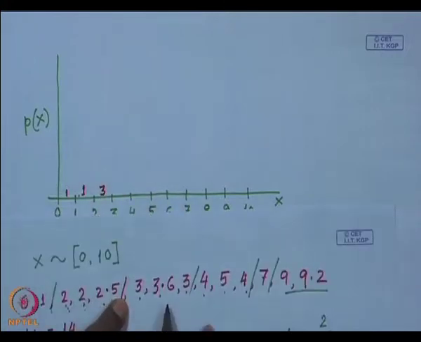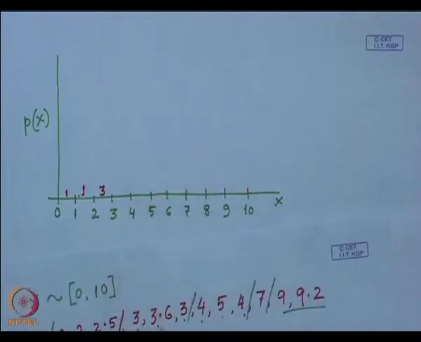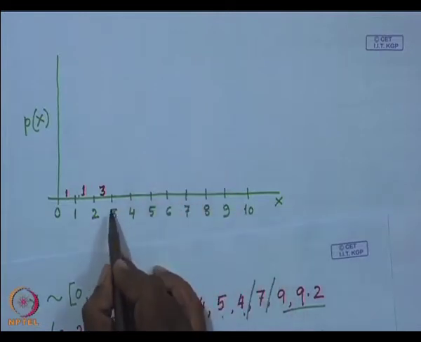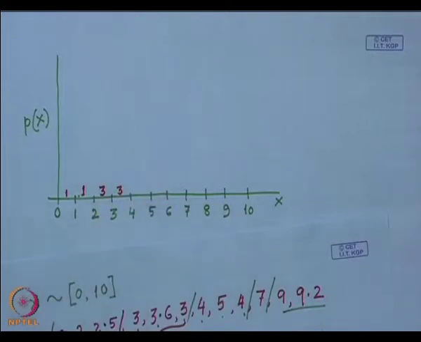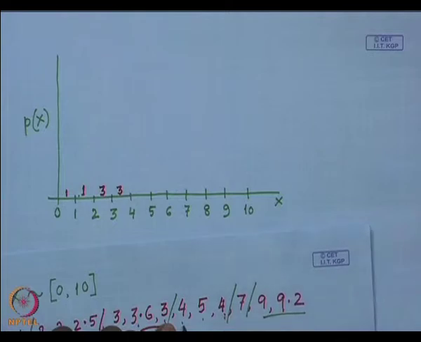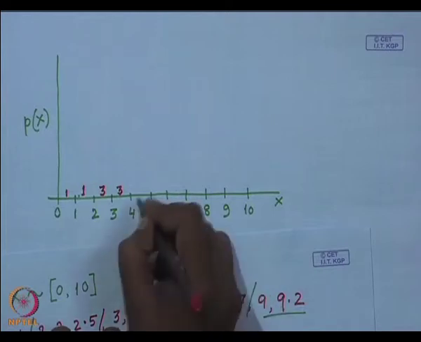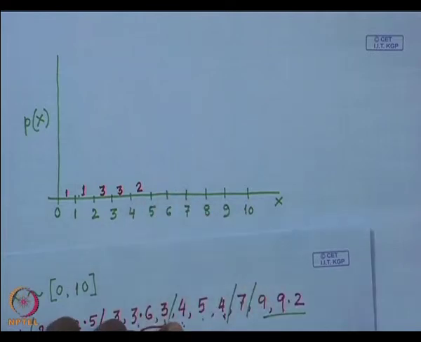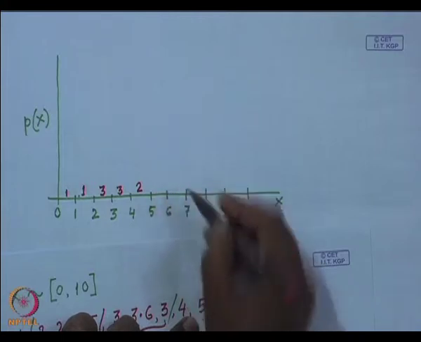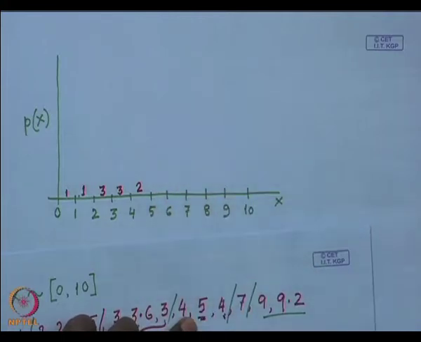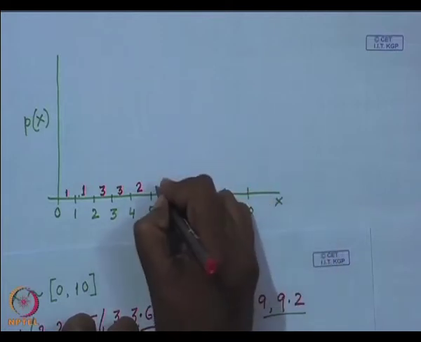Then comes 3, 3.6 and 3 again. These are the 3 samples falling in the bin having bin boundaries 3 and 4. So, I will have 3 samples over here again. Then 4 and 4, these are the 2 samples falling in the bin with boundaries 4 and 5, since 5 goes to the next bin. So, the number of samples in this bin is 2, whereas the bin with boundaries 5 and 6 contains the sample value 5, so it contains only one sample.